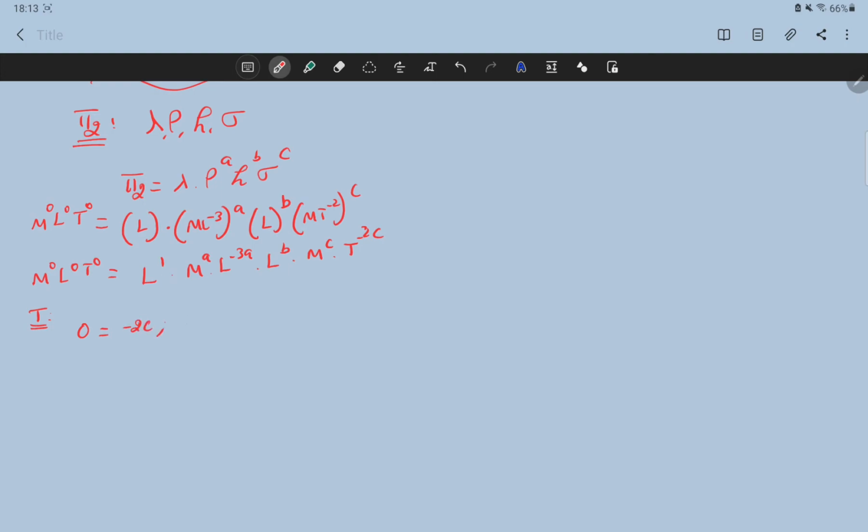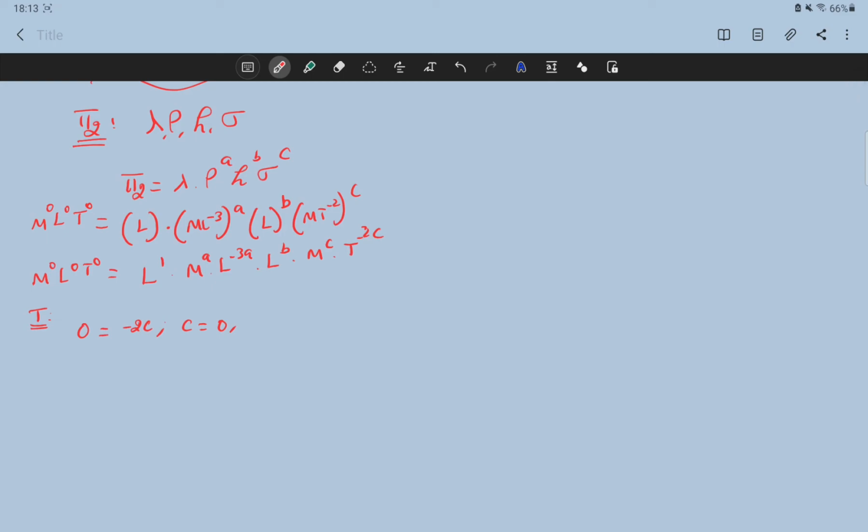So c equals, what do you think, my dear people? If minus 2c equals 0, what happens to c? c becomes 0.